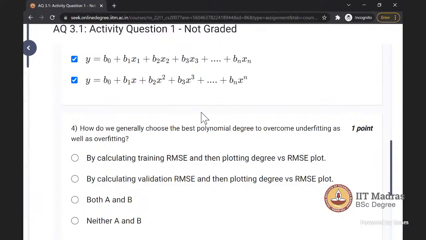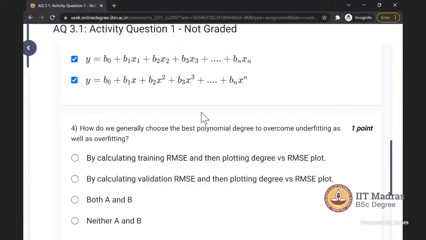The options are: by calculating RMSE and then plotting the degree versus RMSE plot. Second option is by calculating validation RMSE and then plotting degree versus RMSE plot. Third option is both of them, and fourth option is neither of them. Okay. Anybody would like to take a guess on this?